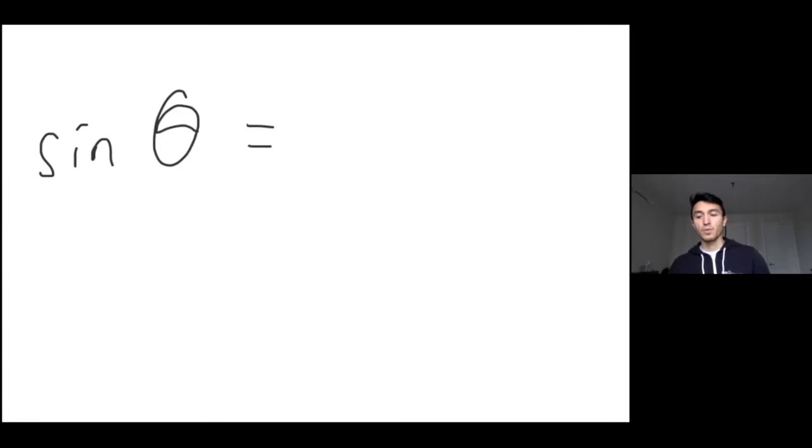If we think about just one of them at a time, let's just do sine theta. Well, the sine of an angle, of course, is the opposite over hypotenuse, or as we learned from graphing in the unit circle, the sine of theta is also just the y value on the unit circle. Let's look at the unit circle real quick.